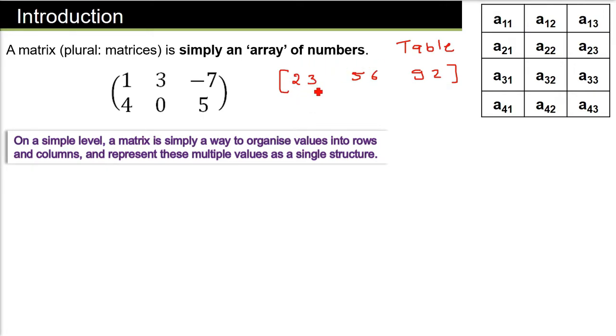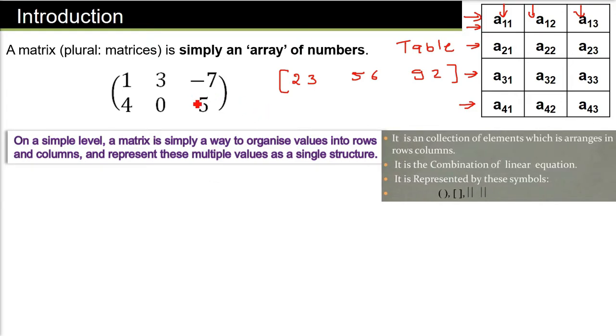So matrix is simply a way to organize values into rows and columns. So these are the rows, 1, 2, 3, 4. These are the rows, the horizontal ones, and the vertical ones are called the columns. So matrix is simply a way to organize values into rows and columns and represent these multiple values as a single structure.